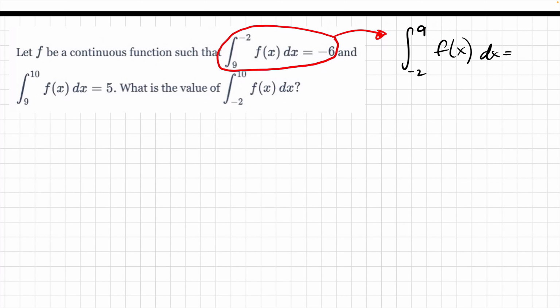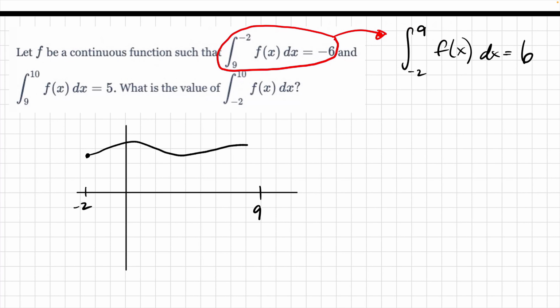I don't know yet, so let's figure it out. So again, with these, I always draw a little sketch. That's just me because I'm more of a visual person as opposed to someone who can see everything in my head. Okay, so I'm going to go -2 to 9, positive 6. Is this exactly what's happening?